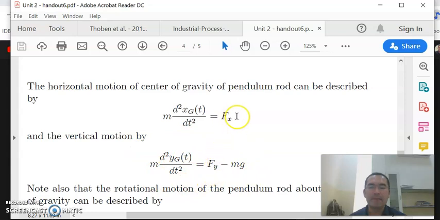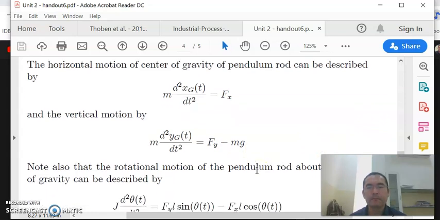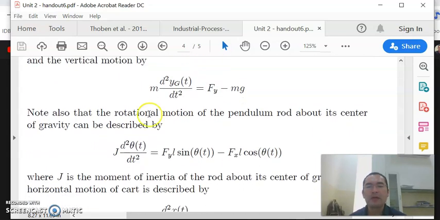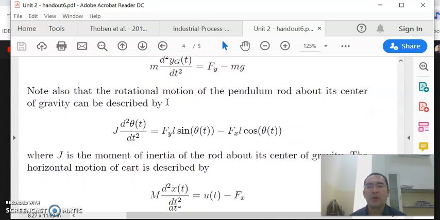Fx is the projection of force F on the horizontal axis, and Fy is the projection of force F on the vertical axis. You see that in the vertical axis, we only have this force and mg, where mg is the weight of the rod, applied to the rod.